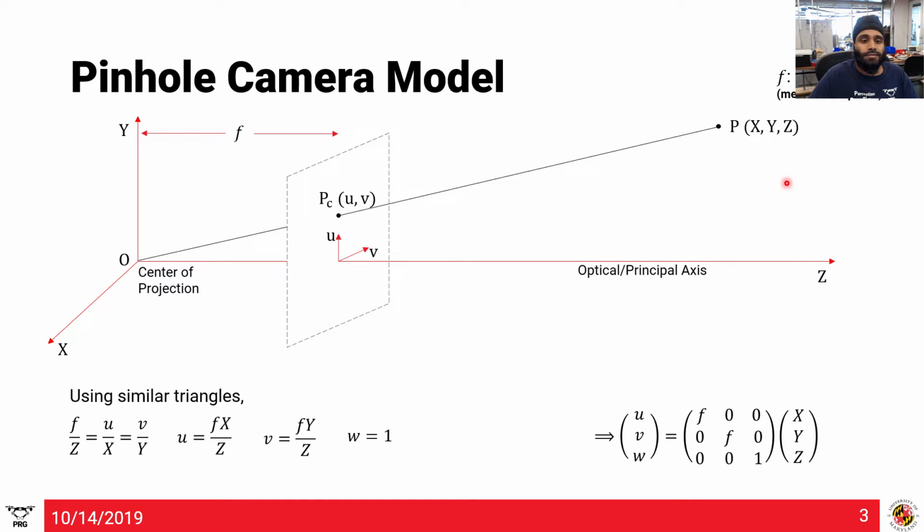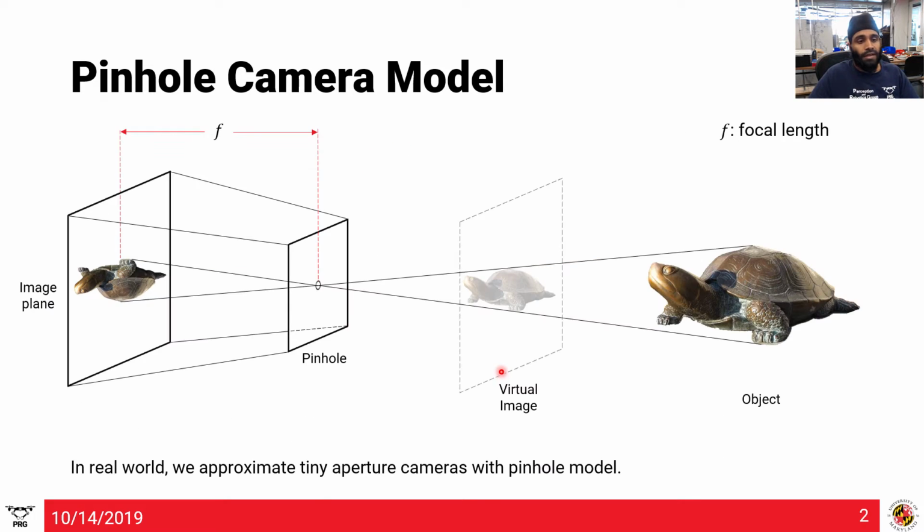So my real point P, X, Y, Z, is projected through the center of projection O onto the image plane. You saw in the previous one that this is the virtual image and this is the image plane. These are identical. The only difference is in inversion.